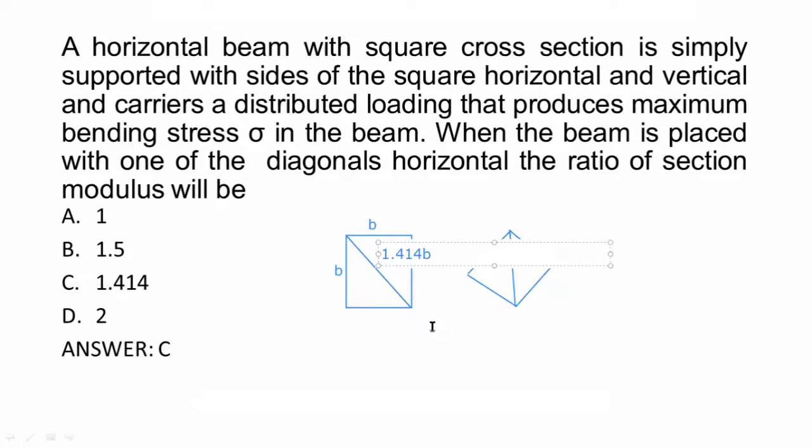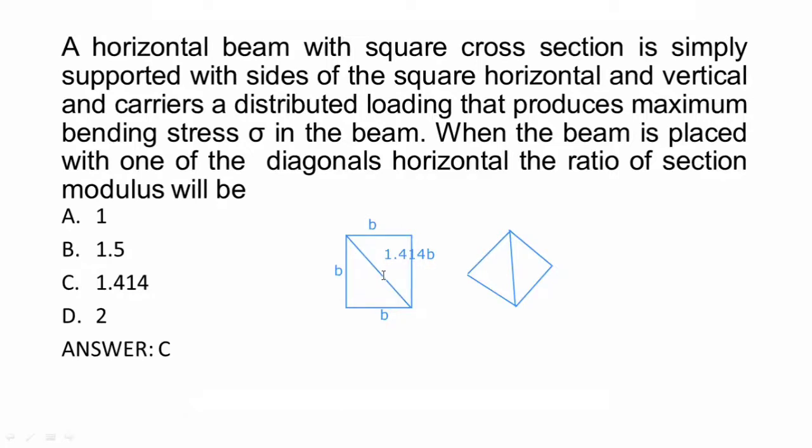Now how is this exactly 1.414b? If you see, this angle is 45 degrees, so this value is also b, the bottom side of the section. So b and b, so this is b root 2. If you find the length of this diagonal using Pythagoras theorem, it will be square root of b square plus b square.